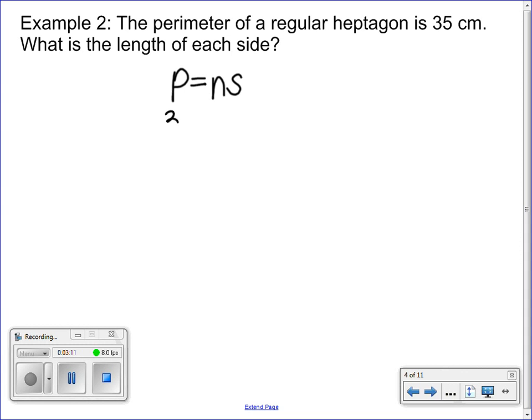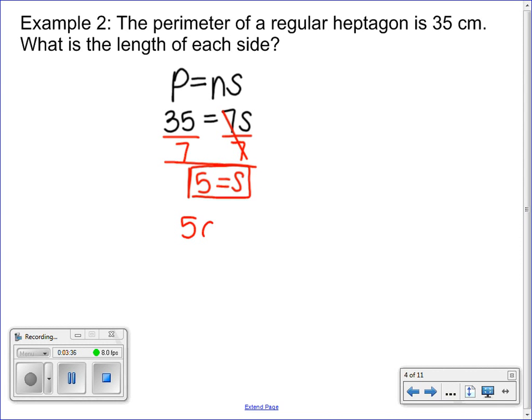My perimeter is 35. It's equal to my number of sides, 7, times their length. I want to get the length all by itself, so I divide by 7. And each side is equal to 35 divided by 7, which is 5. Specifically though, 5 centimeters.